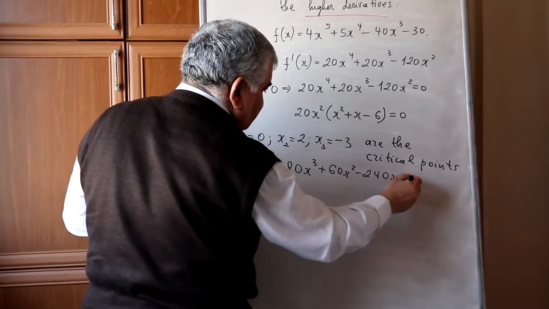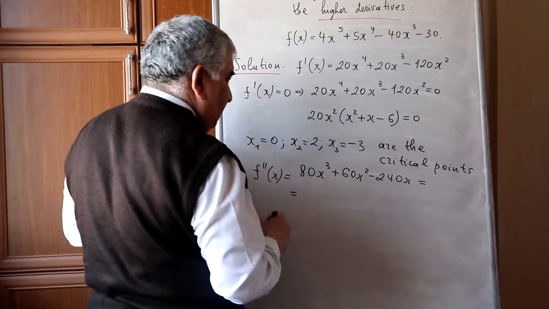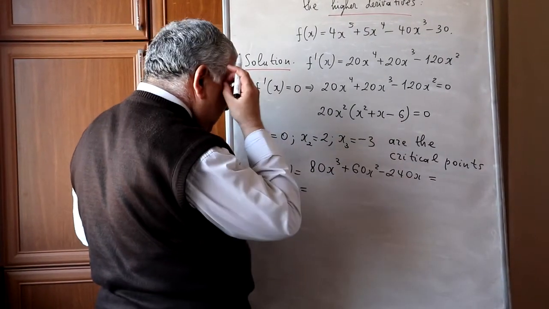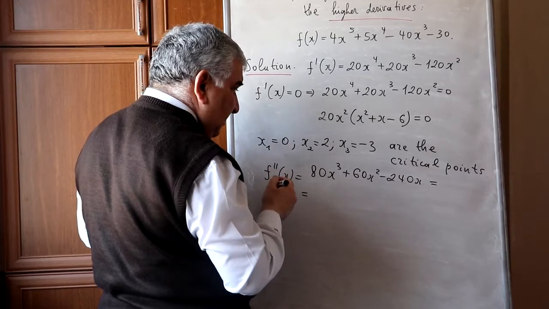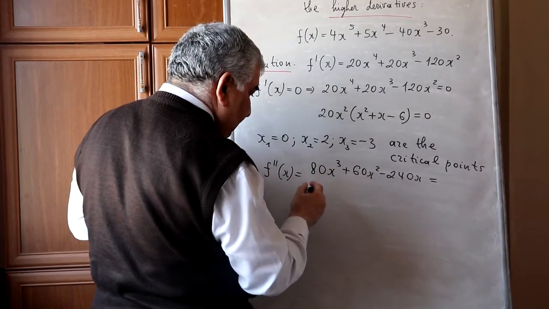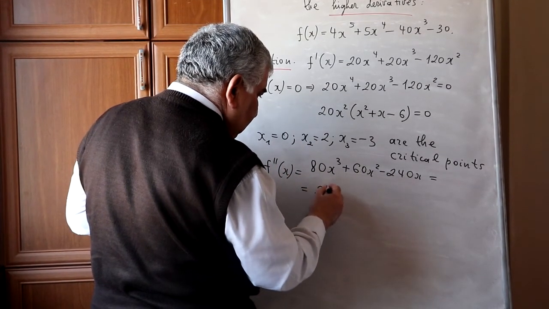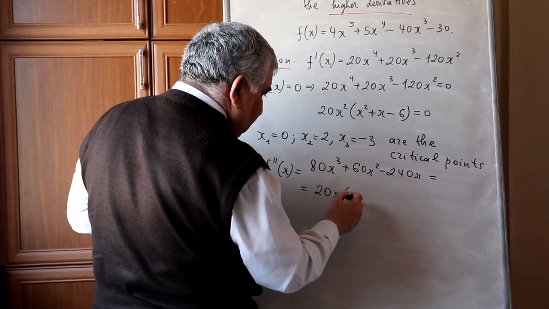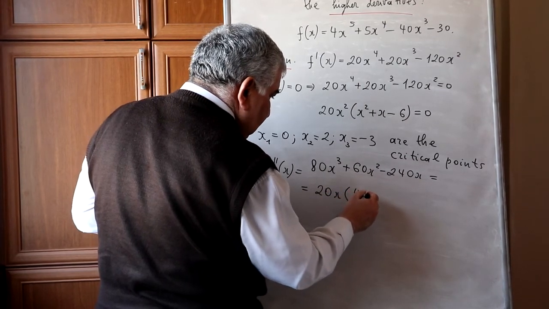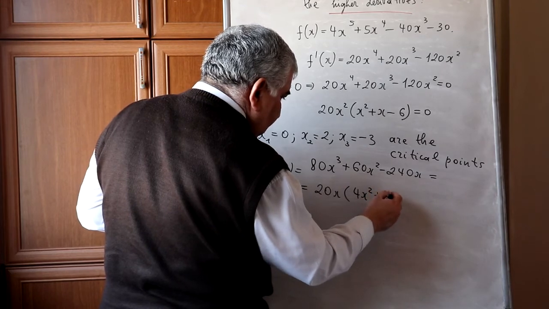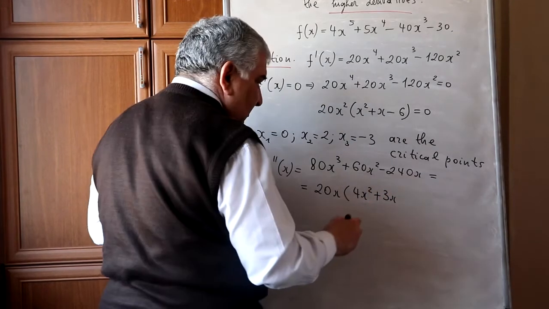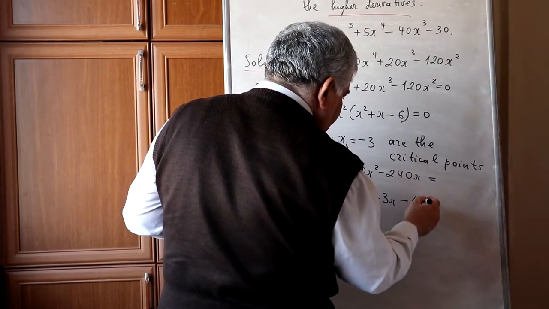We can factorize this expression, take 20x out of the parentheses: 20x multiplied by (4x squared plus 3x minus 12).